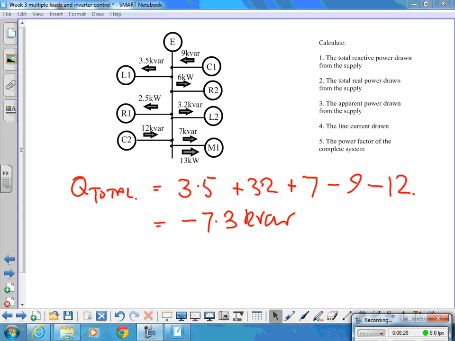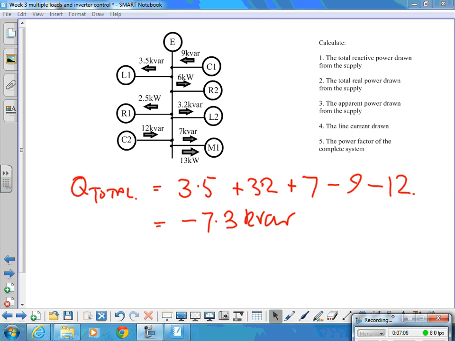What you don't want to be doing is crossing that line by adding either capacitance or inductance, because then you're in the realms of creating a resonance situation, which is not really a good idea. Mostly the load's going to be over inductive in nature. Just the numbers I picked here turn out to be capacitive. All right, so that's the total Q, minus 7.3 kVAr.